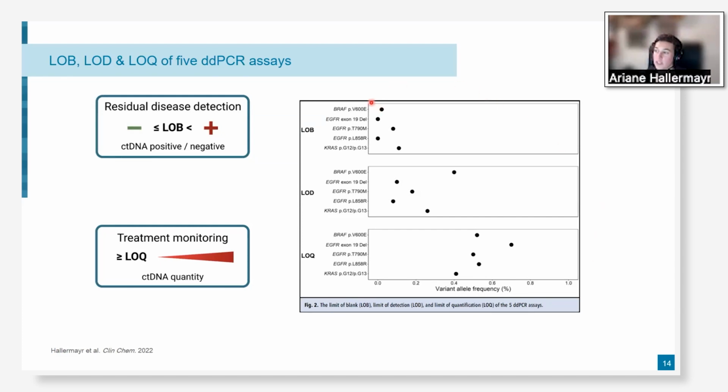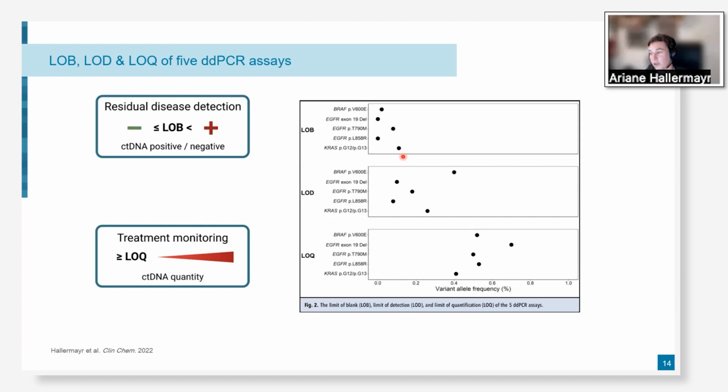And what you can see when you look at the limit of blank of those 5 assays is that they are widely dispersed. So it's not possible to validate only one assay for one specific variant and then use this cutoff for all the future assays you want to use.